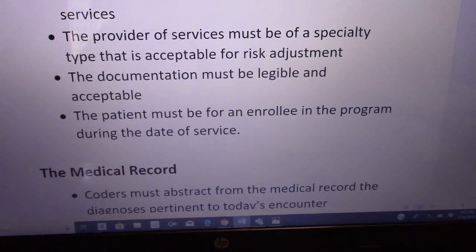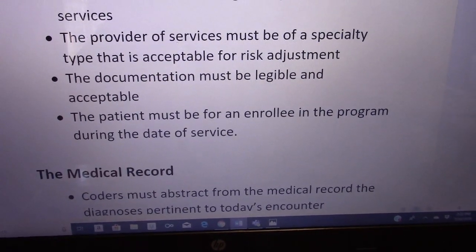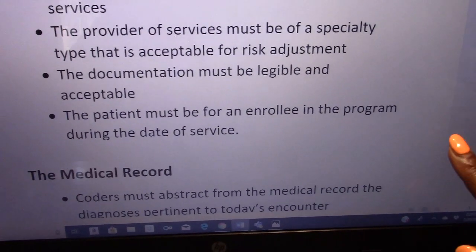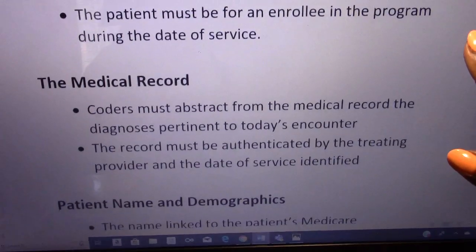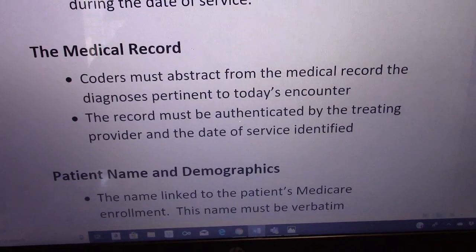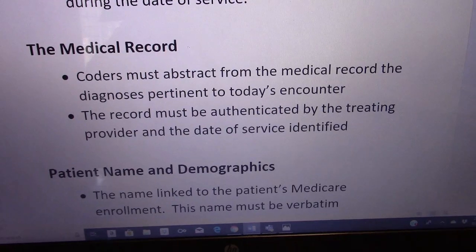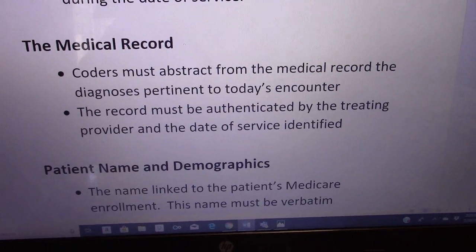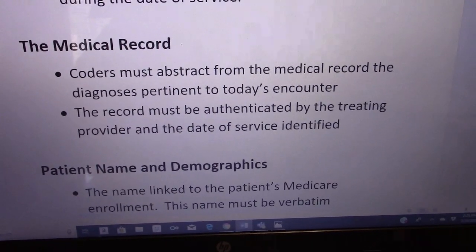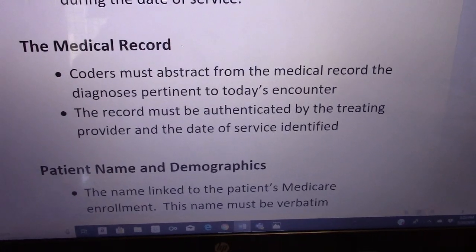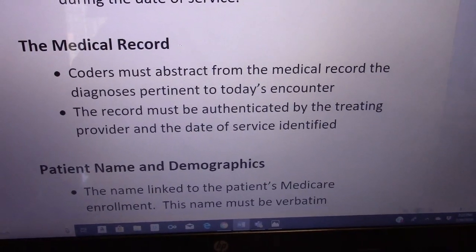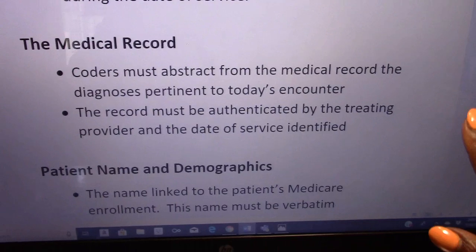The patient must be an enrollee in the program during the dates of service. As far as the medical record, coders must abstract from the medical record the diagnoses pertinent to today's encounter, and the record must be authenticated by the treating provider, and the date of service must be identified.